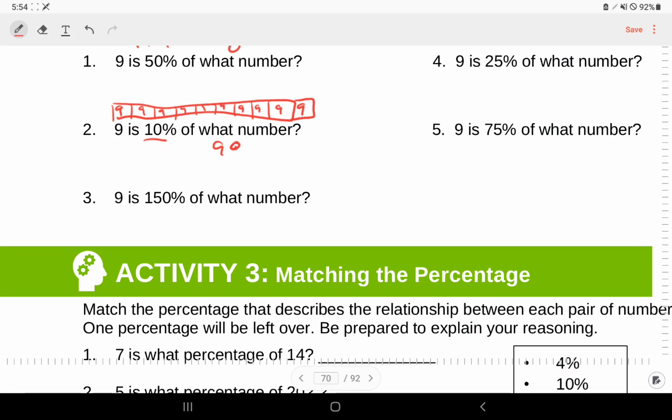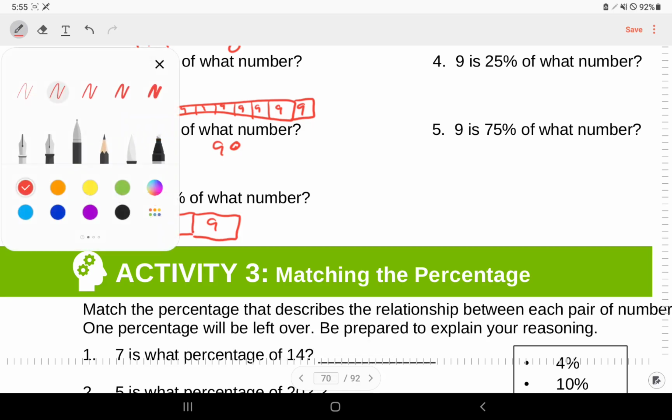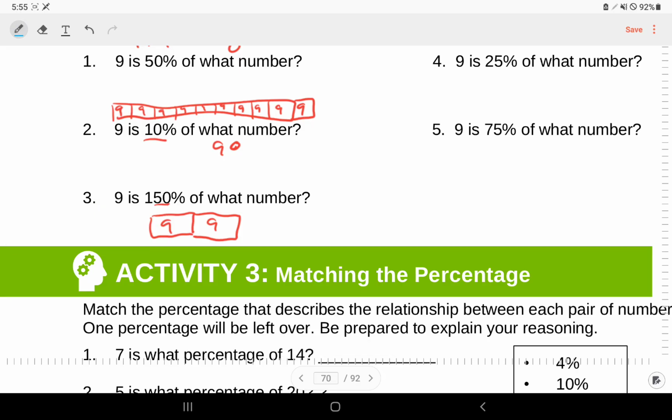9 is 150% of what number? Well, because of the 50, we know that it started out like this, 9 and 9. And so what we need is another 50%. Oh, my mistake. That's backwards.